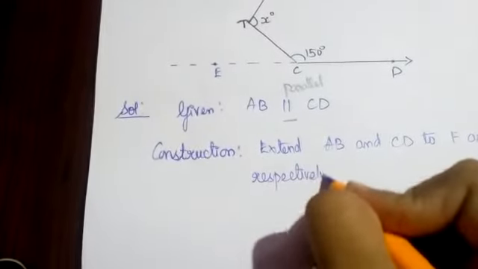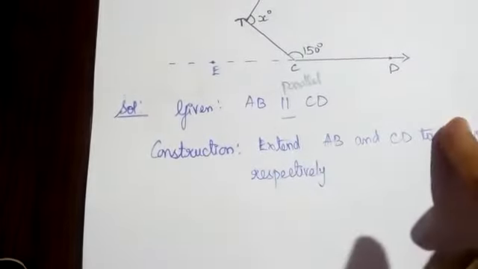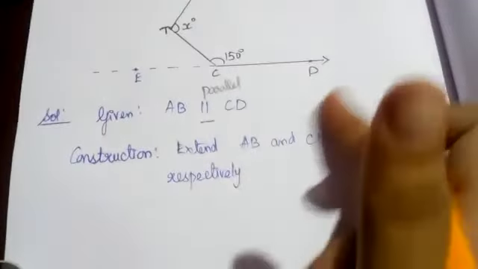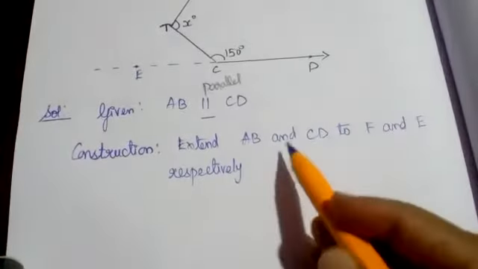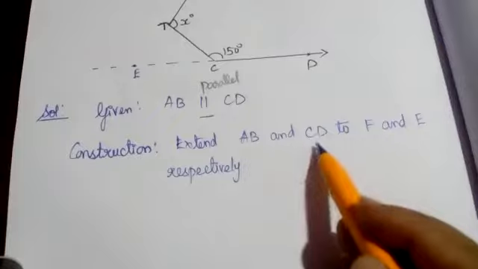I have said respectively. AB is extended to F, CD is extended to E. You should not think it as AB is extended to E. It has been extended in order.